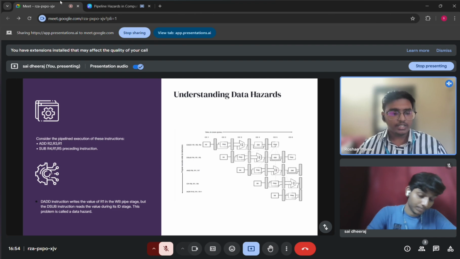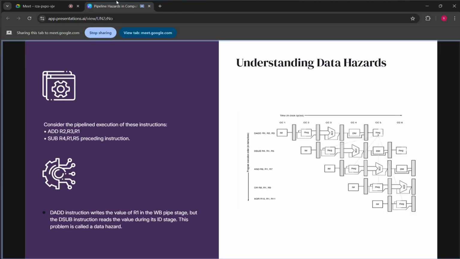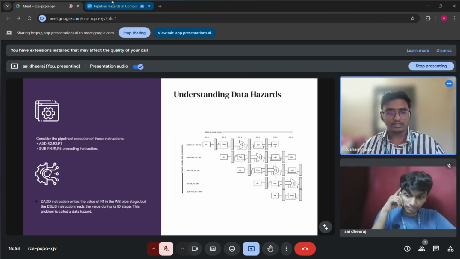Here the DADD instruction writes the value of R1 in the WB pipe stage, while the DSUB instruction, a double word subtract, also a MIPS assembly instruction used to subtract one double word integer from another, reads the value during its ID stage. This problem is called a data hazard, as a delay occurs in this situation.